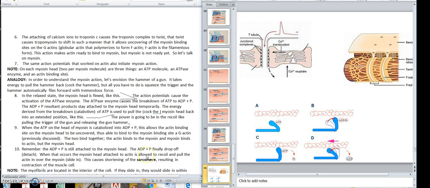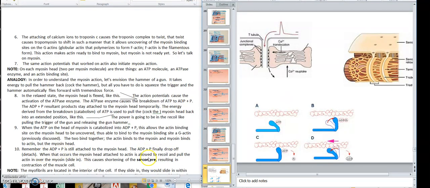Now, let's remember something. The two can now bind together. They're bound together, let's say. Remember, the ADP plus P is still attached to the myosin. Even though you got the energy from it, you kept this still attached. Then the ADP plus P finally drop off.